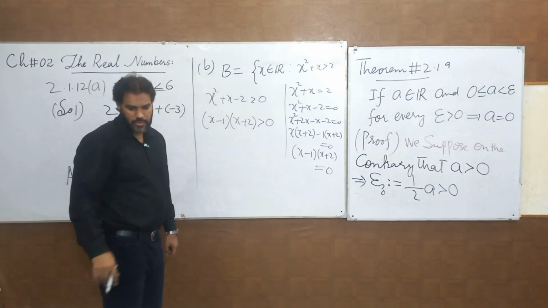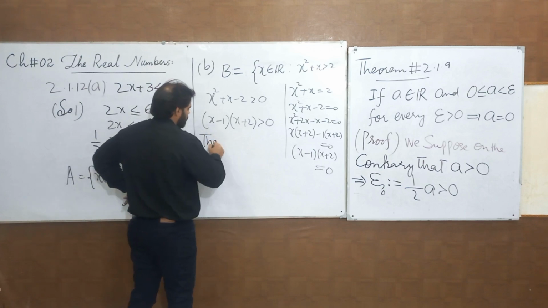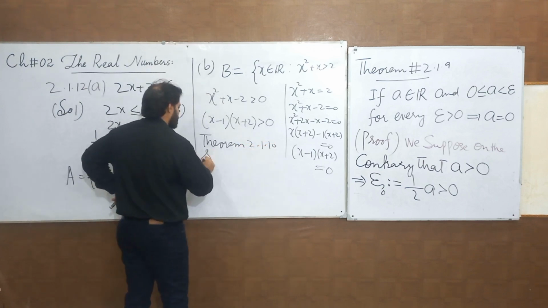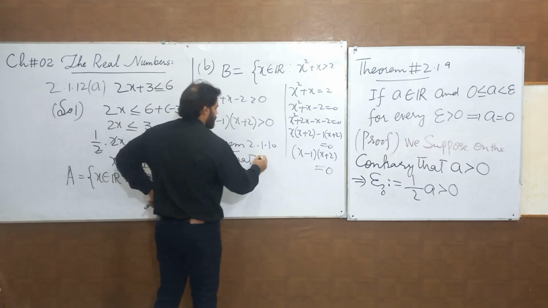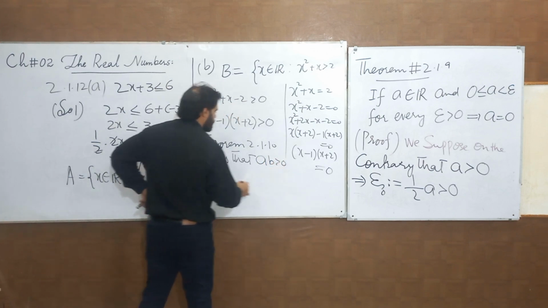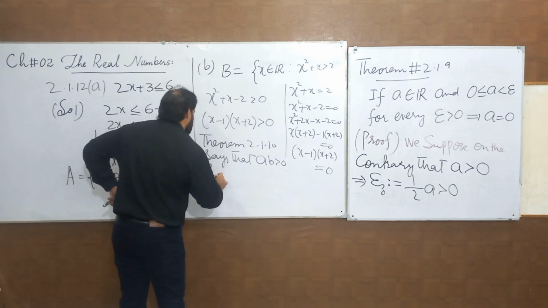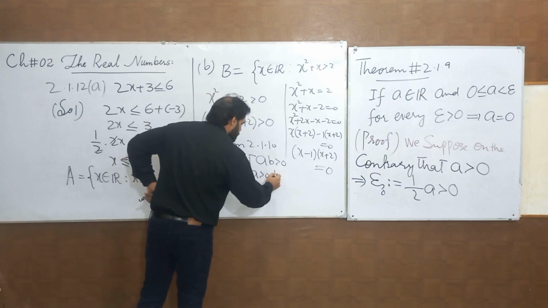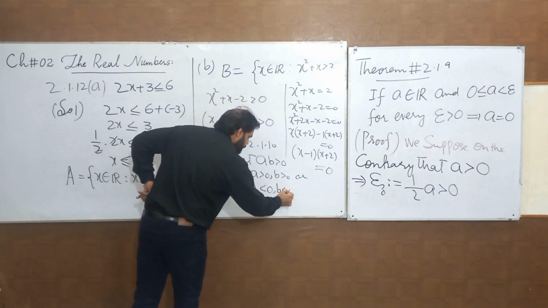Theorem 2.1.10 says that the product AB is positive if either both are positive or both are negative.